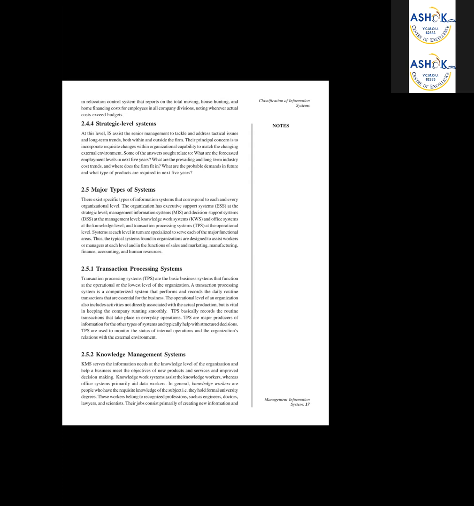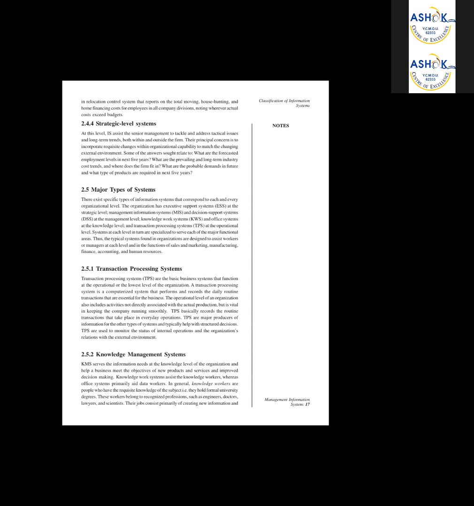Fourth, strategic level system. At this level, information systems assist senior management to tackle and address strategic issues and long-term trends, both within the firm and in the external environment, matching organizational capability to the changing external environment.